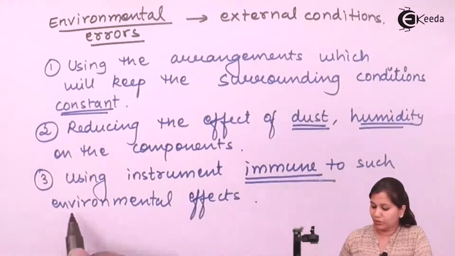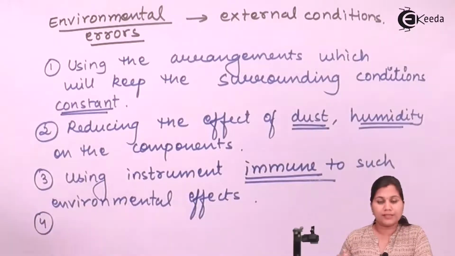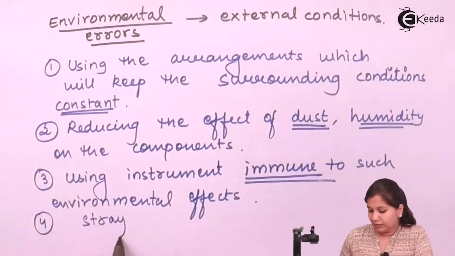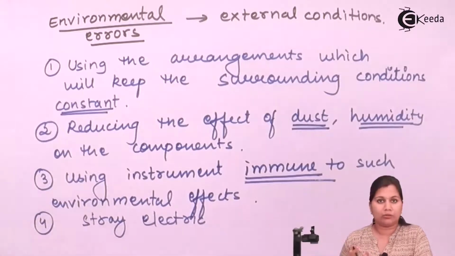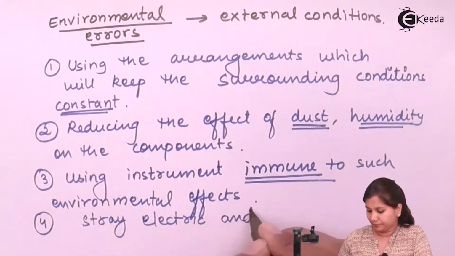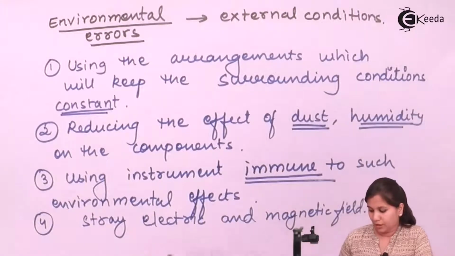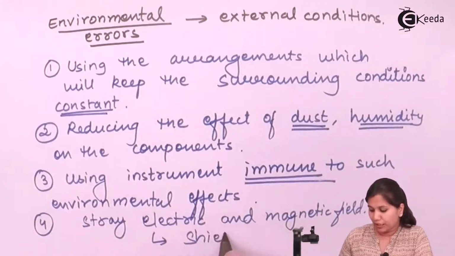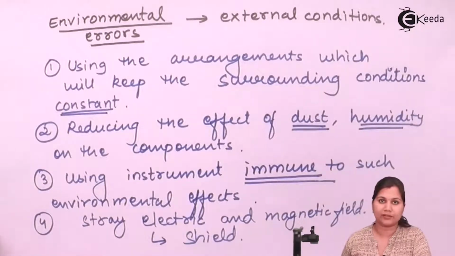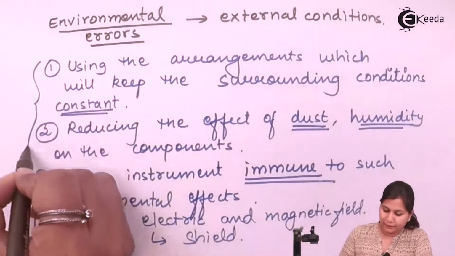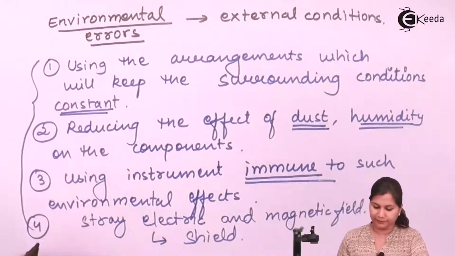Also, if we want to reduce the effect of stray magnetic and electric fields, we should use some shield around the instrument. That shield is going to protect the instrument from these magnetic and electric fields. So these methods can be used to reduce or eliminate the environmental errors.